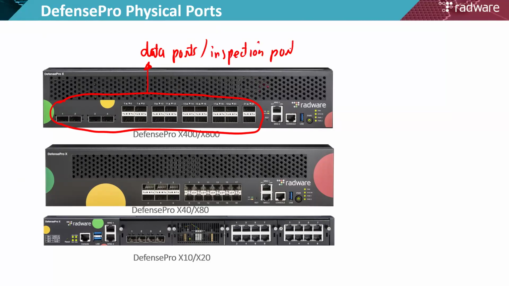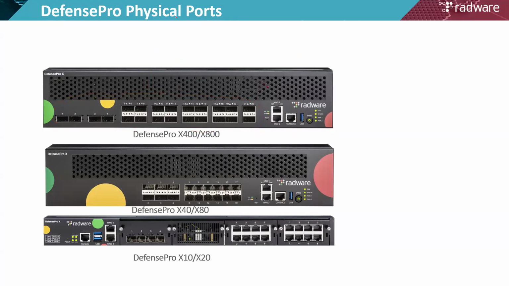Only the traffic that you're receiving on these data ports would be inspected against the protection modules on the Defense Pro. Only the data received on these ports would be inspected by the Defense Pro.